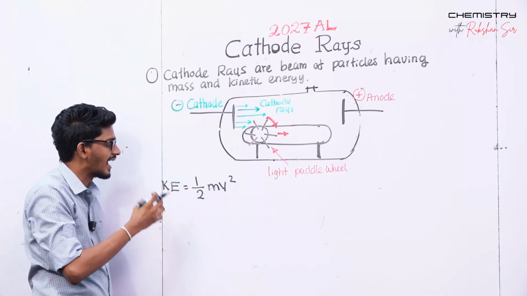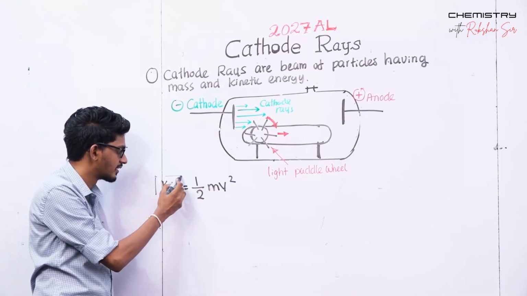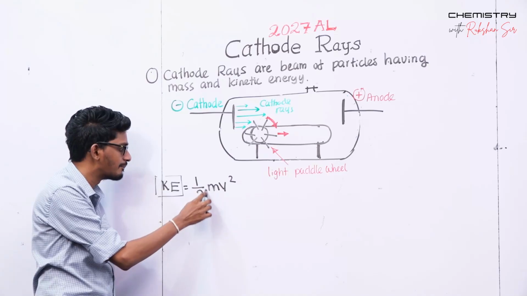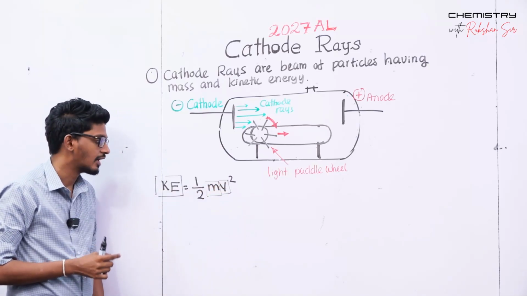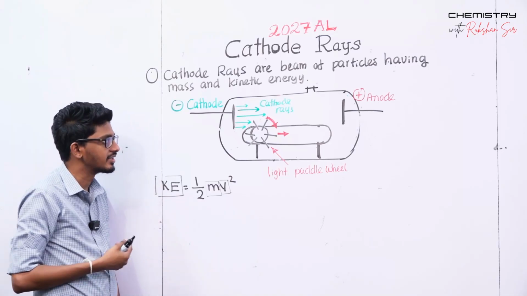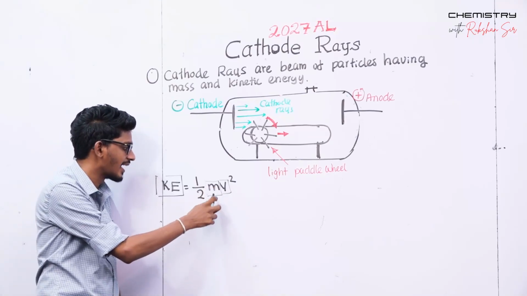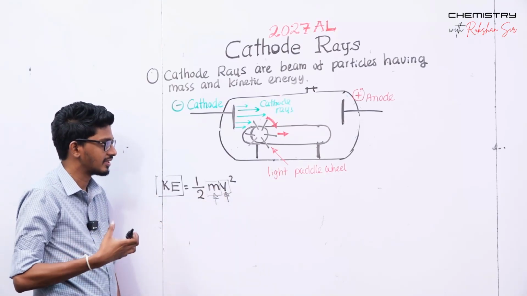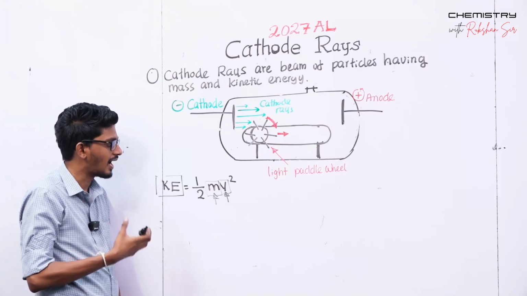So to have kinetic energy, the cathode rays definitely should have a mass and a velocity. Without a mass and a velocity, you can't possess any kind of kinetic energy. So cathode rays are with a mass and a velocity, right? So we can say with this observation, cathode rays are particles.